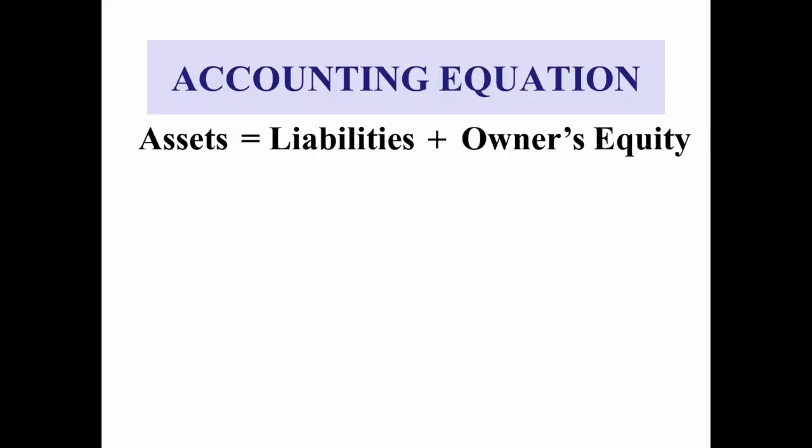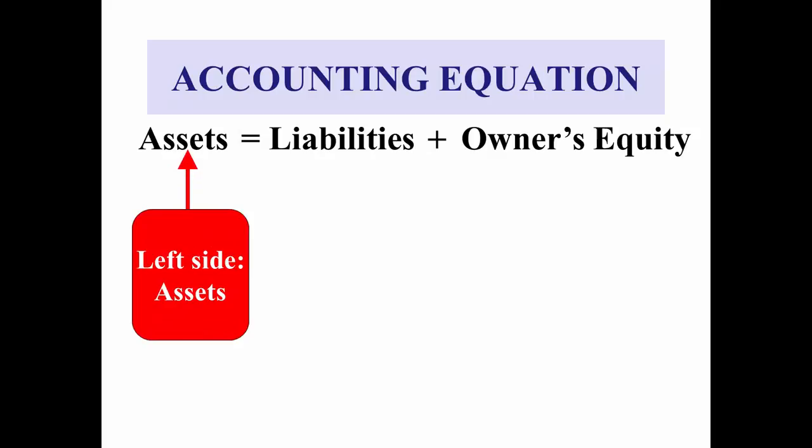So this is our accounting equation. In the previous slide, we took a look at assets minus the liabilities. However, we can rearrange that to say assets equals liabilities plus owner's equity.